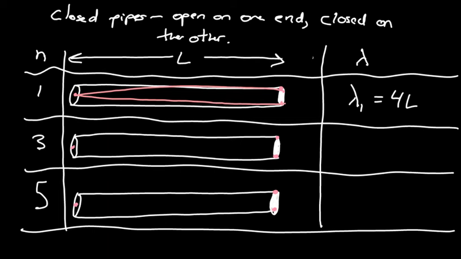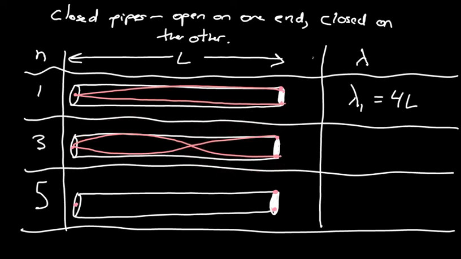So, first harmonic, I got 1/4 of a wave in there. Third harmonic, I'm going to get 3/4 of a wave. So it's going to look something like this. So I've got half of a wave here, and then another 1/4 of a wave here.